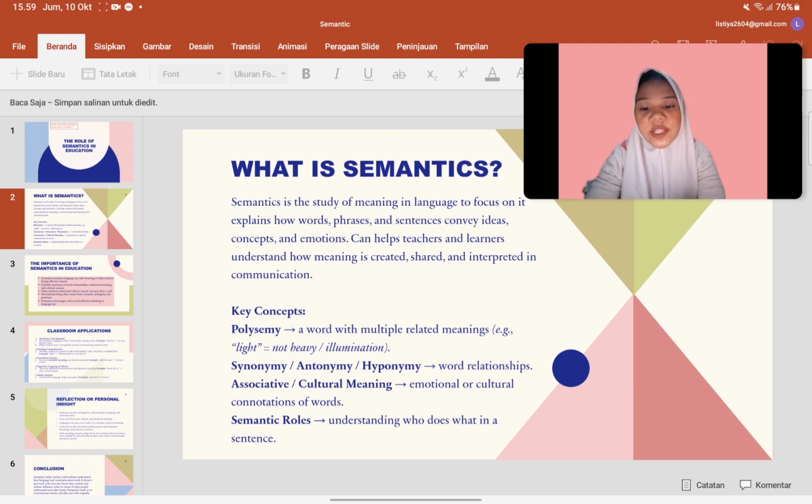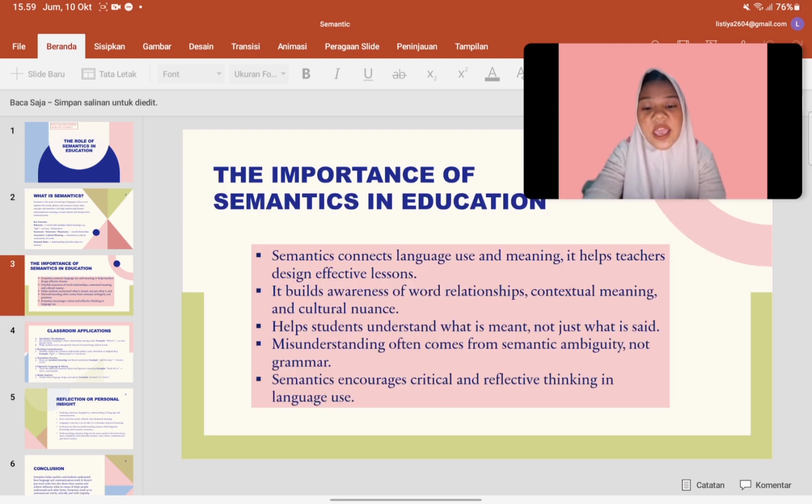Now, I want to explain the importance of semantics in education. In education, semantics plays an important role because it connects language use and meaning. It helps teachers design more effective lessons and guides students to focus on what it means, not just what it said.